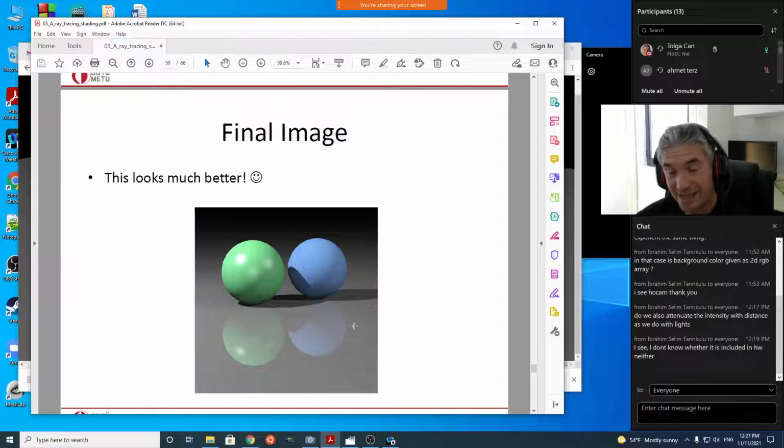Another thing we don't do, just like in the specular case, is attenuate with respect to distance. This loses realism. Another thing in these reflections that would look better: just like in the specular component, where we had a shiny patch with an area around that spot that hits our eye, we could blur the edges of these reflections.